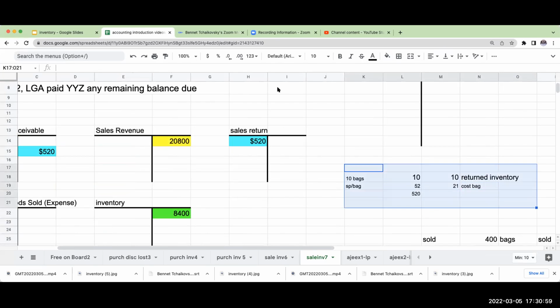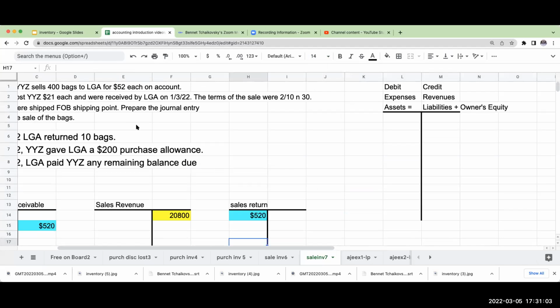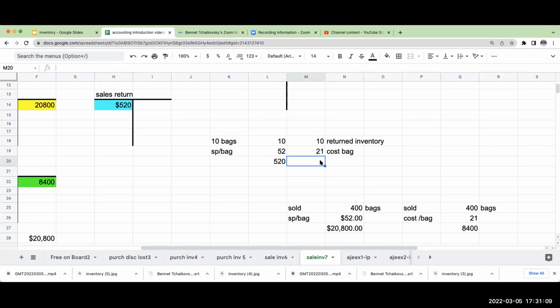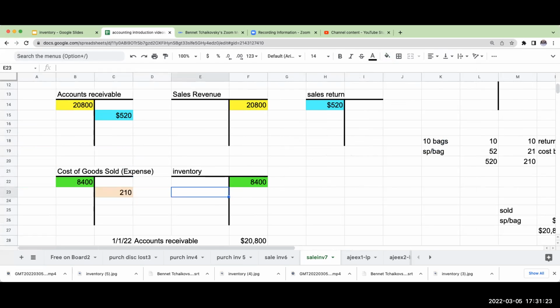These were the numbers I gave to you earlier on. If you want to see how the sale occurred, please look at the prior video. This was at $21 each. So the amount of the inventory return based on my sales return is going to be 210. I'm going to credit cost of goods sold for 210, and I'm going to debit inventory.